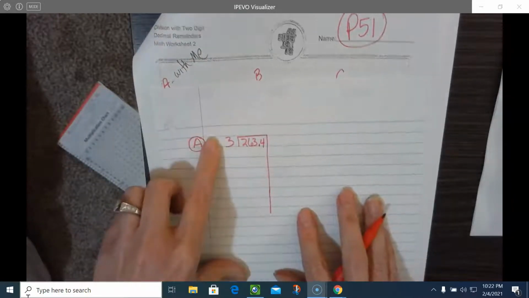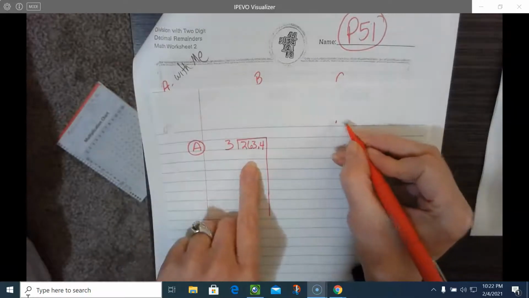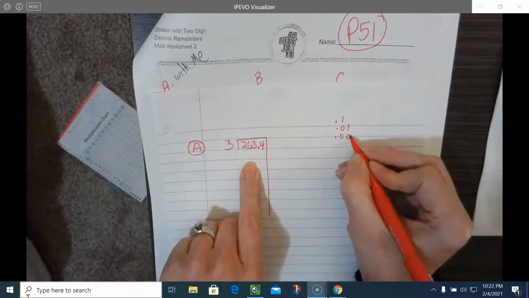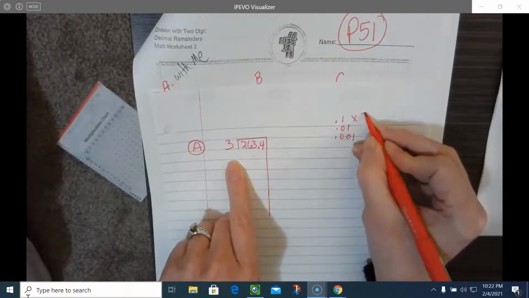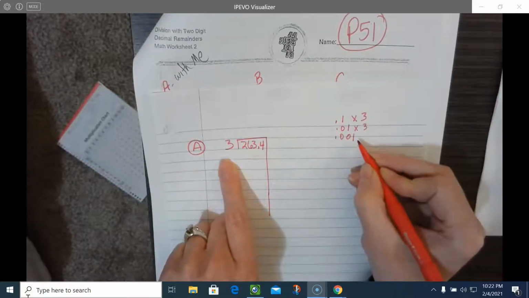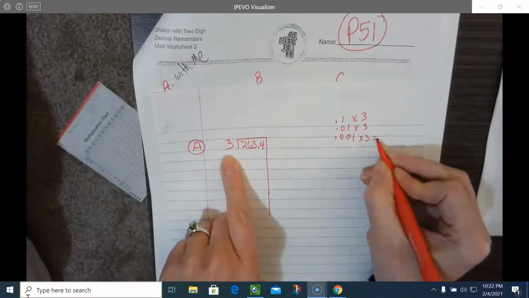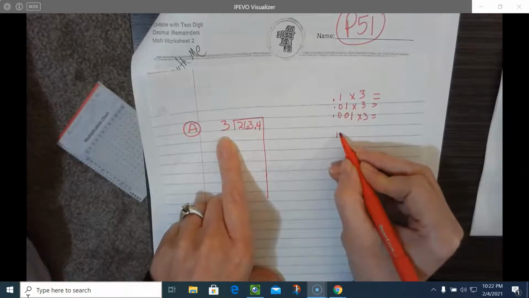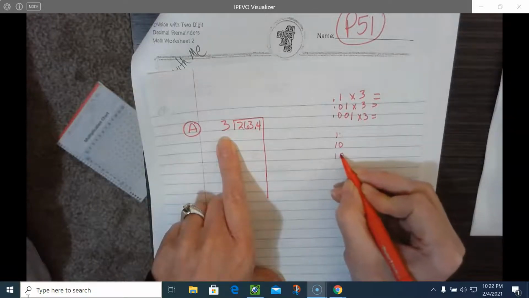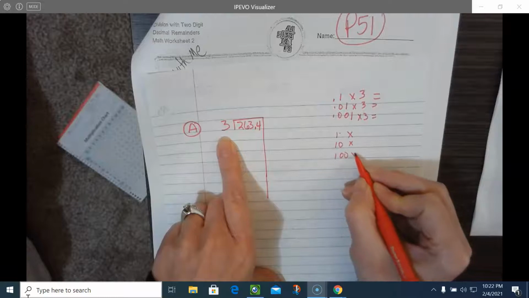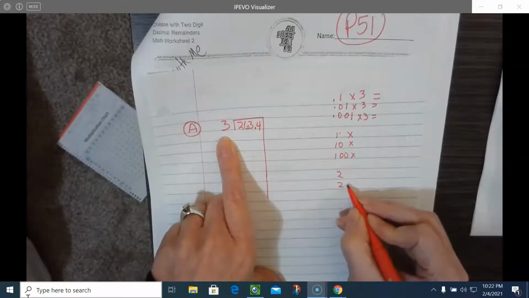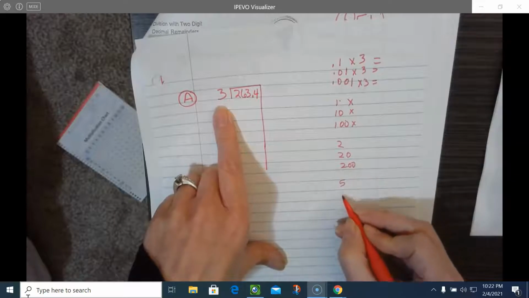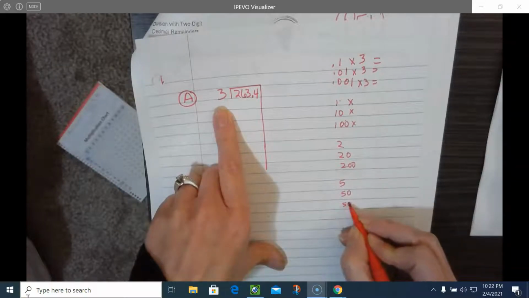So remember that we're going to set up our decimals, our tenths, our hundredths, and our thousandths, and then each time we're multiplying that by our divisor. And then I'm going to do the same with ones, tens, and hundreds, multiplying those by 3: 3s, 30s, 300s, and then 5, 50, and 500.